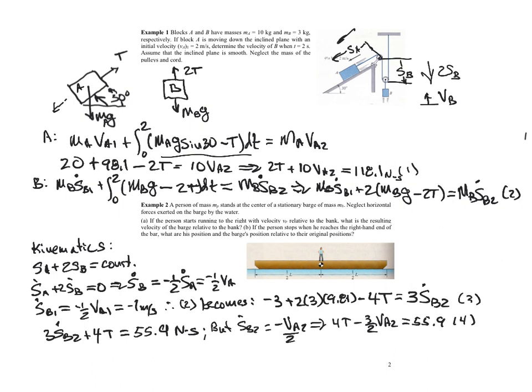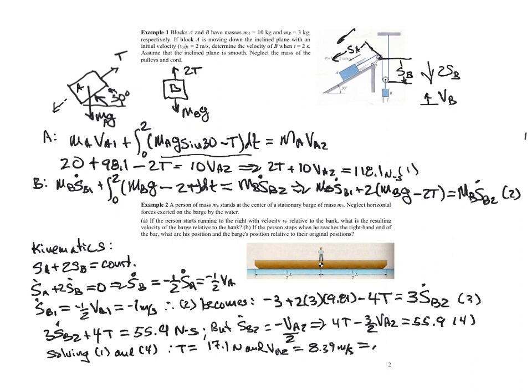Now, if we solve 1 and 4, we'll find, with a bit of work, that T is equal to 17.1 newtons, and VA2 is equal to 8.39 meters per second.